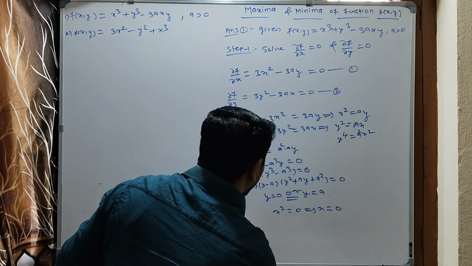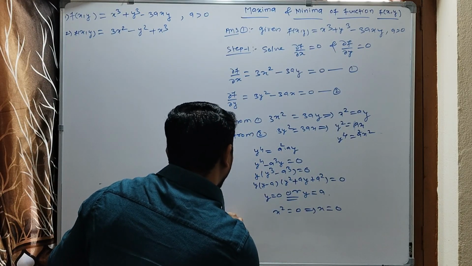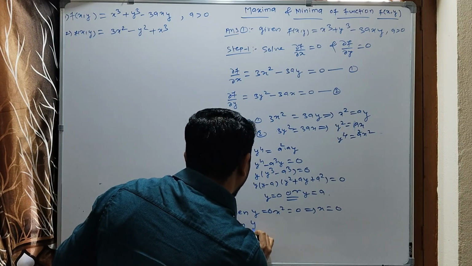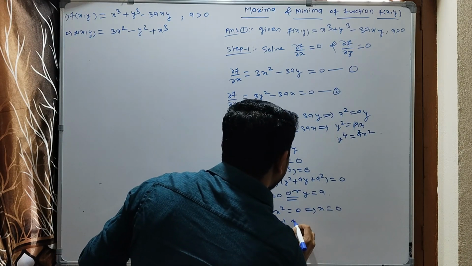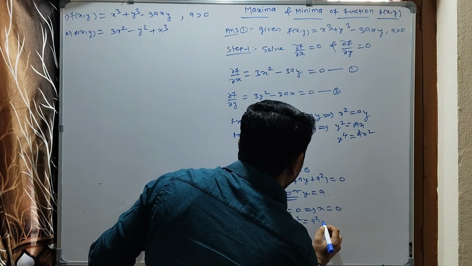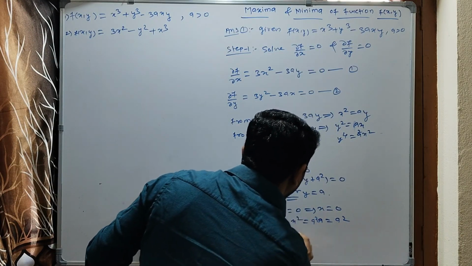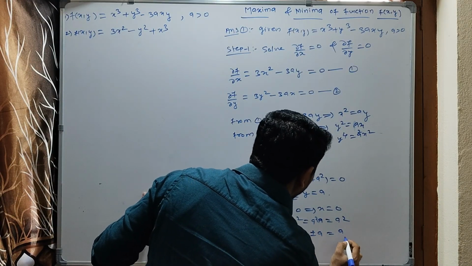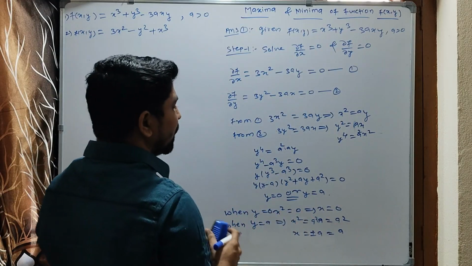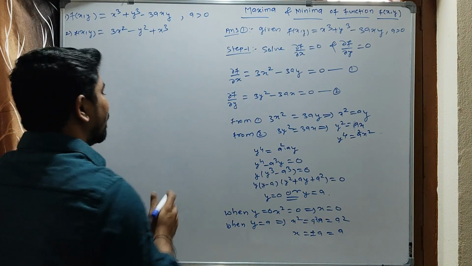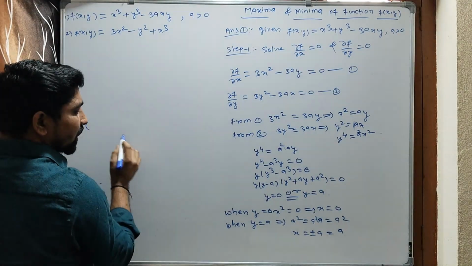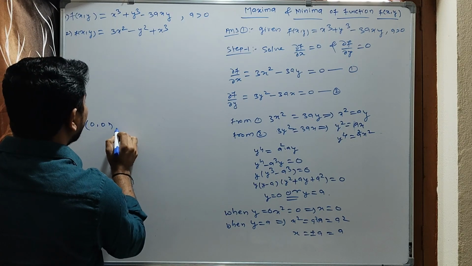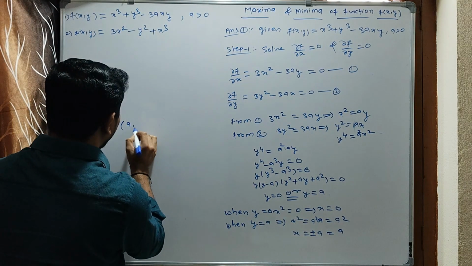Now when y equal to a, this implies x square equal to a into a which is equal to a square, therefore x equal to plus minus a, which is equal to a, because a is strictly greater than 0. So here therefore my critical points are, just observe one thing, one critical point is 0 when y is 0, and another critical point when x is a, y is a.